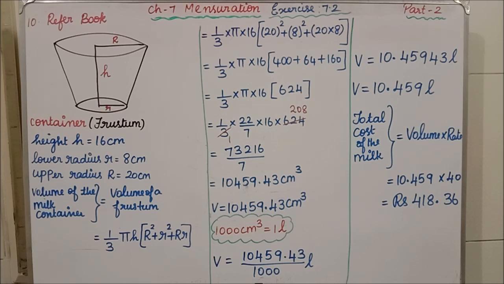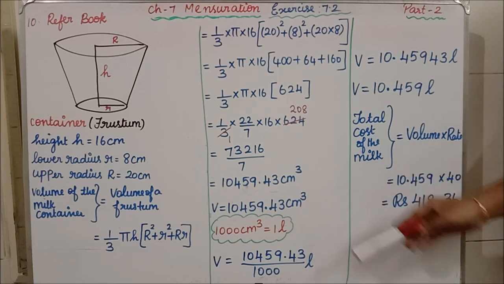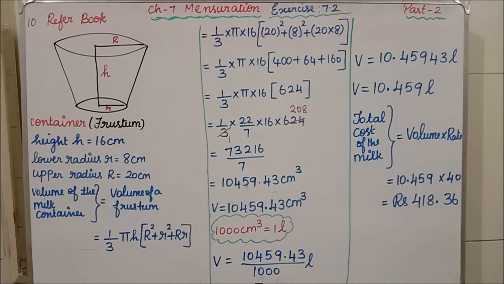Students, since they are telling per liter cost is 40 rupees, but we have found the volume in centimeter cube, we have to convert it into liters. So how do we convert to liters? See, volume we have got this. We know 1 liter is equal to 1000 centimeter cube.